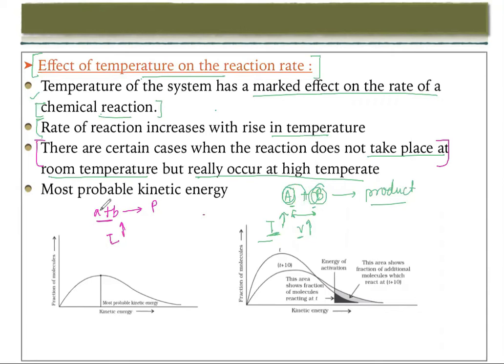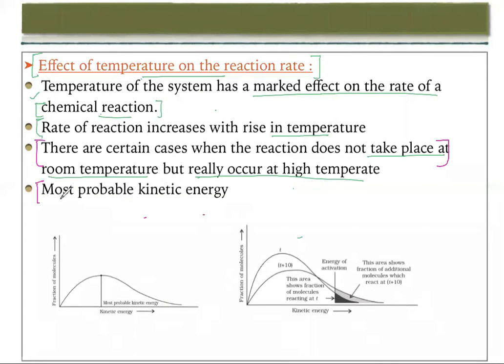Again, the molecules present in A and B are going to vibrate more. They will have more velocity. That's why they will collide more, and that collision will lead to the formation of the product. But that is not possible at low temperature, whereas if you increase the temperature, the reaction is possible.